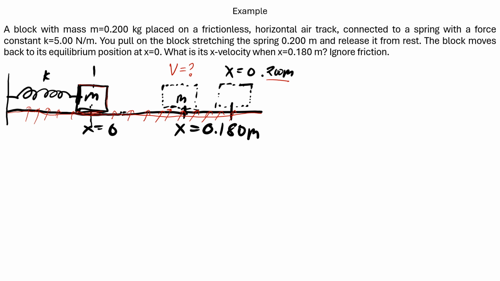Just like our previous examples, we're going to label these three points as different letters. I can label x equals 0 as point A, x equals 0.18 as point B, and x equals 0.200 as point C.